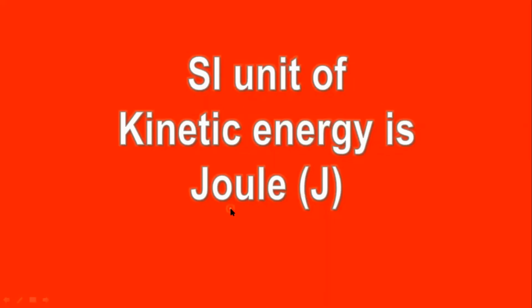And what is the definition of Joule? Joule is the unit of work. And as you know, energy is the ability to do work. So to do work, we will have to define the work. So what is work? Work is the product of force and the distance.